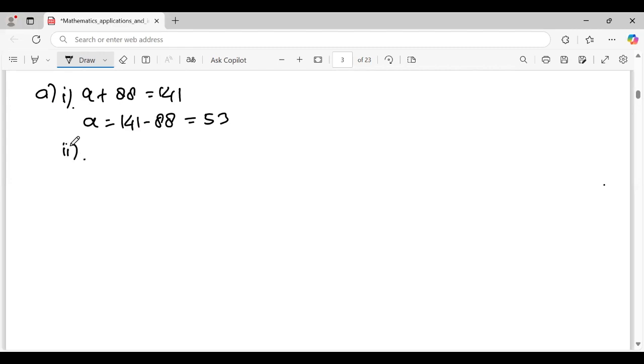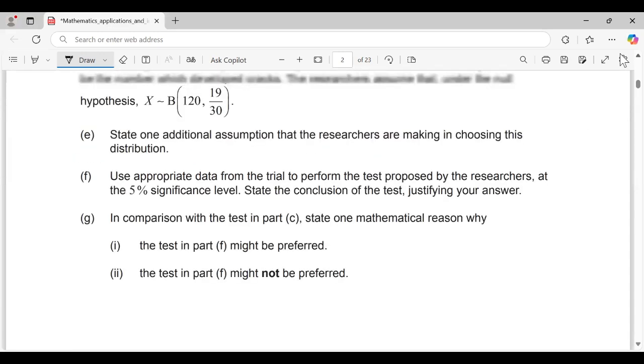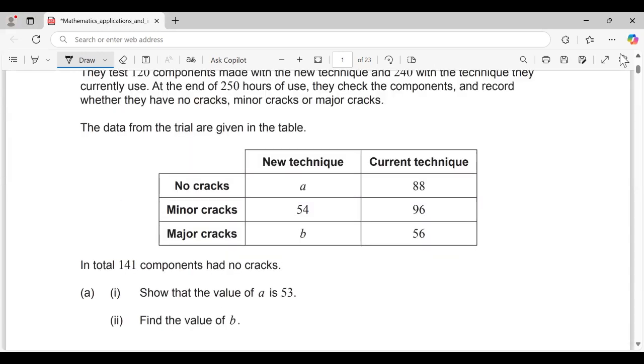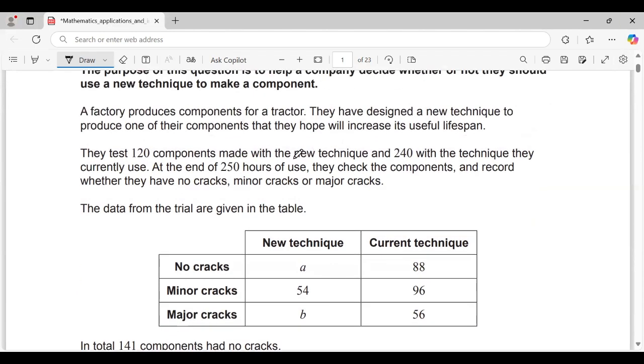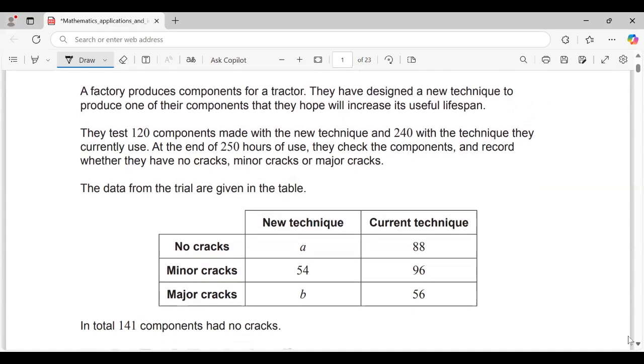According to the information, the total number of components tested for the new technique was 120. So if you look at the table, new technique A plus 54 plus B equal 120. The new technique is 120 components.